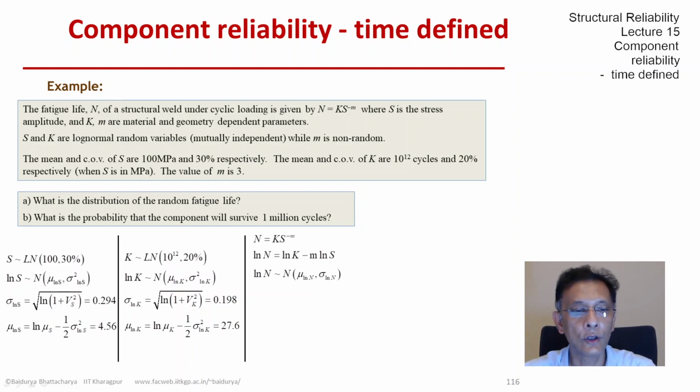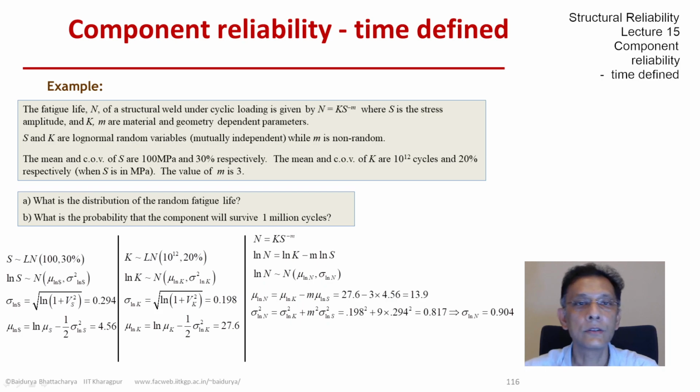So if it's log normal, let's find the corresponding normal quantities, so mu of log n and sigma of log n. And just by using the definition which we have looked at before, the mean of log n and the variance of log n can be derived, and that's what you see on the screen.